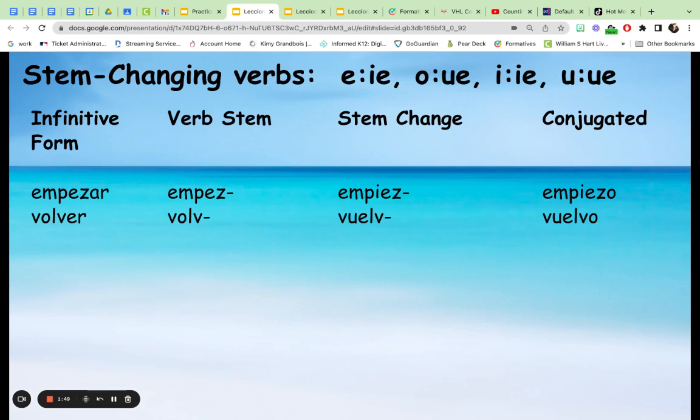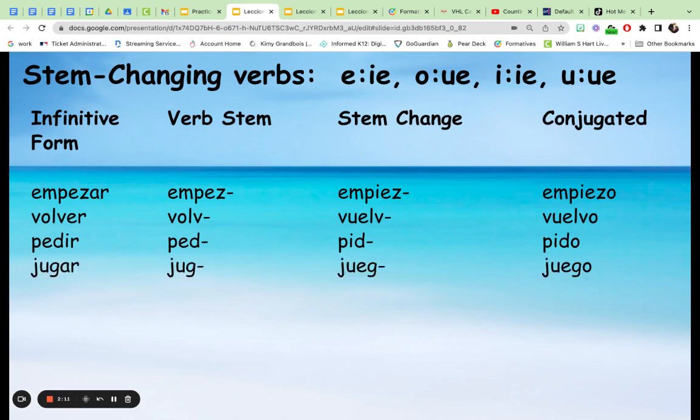VOLV, taking off the ER, is the stem. We're going to change that stem from an O to a UE and then put on its ending. Pedir. Take off the IR, you have PED, which is the stem. You change that stem to PID, and then pido is the conjugated form.